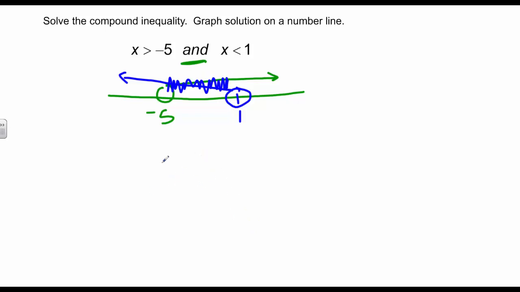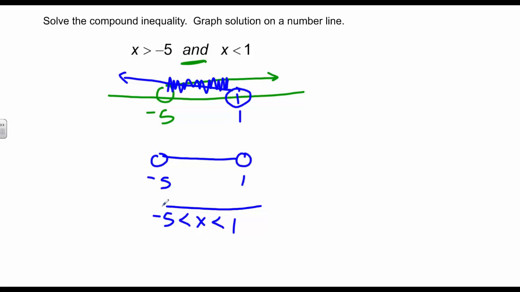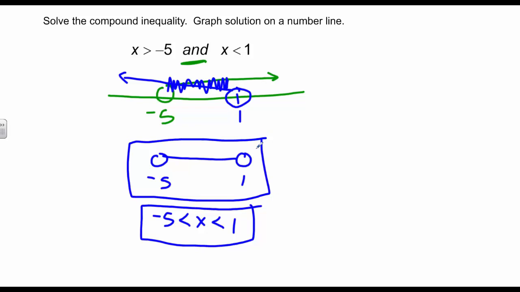I can certainly say my overlap is going to be the numbers between 1 and -5. And in order to write that, I say -5 is less than x, which is less than 1. This is my algebraic solution, and this is my graphing solution, because I only represent the overlap or the intersection of the two graphs.